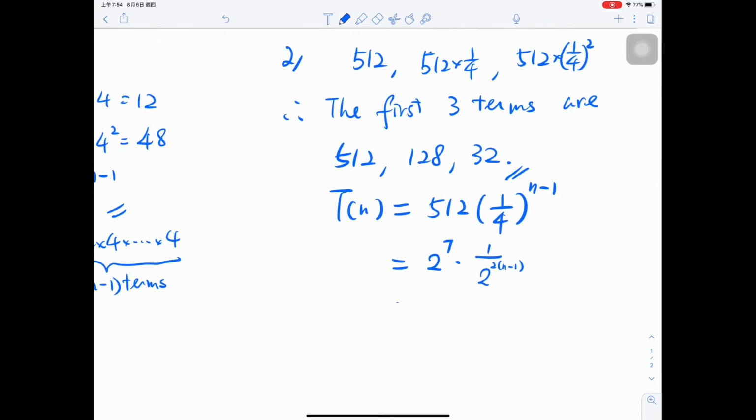So as a result, 2 to the power 7 times 2 to the power 2 minus 2n, right? 2 to the power 2 minus 2n.